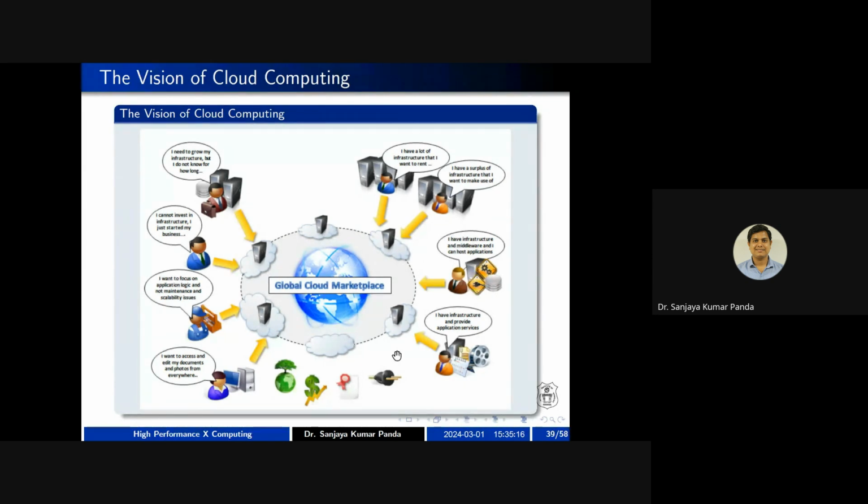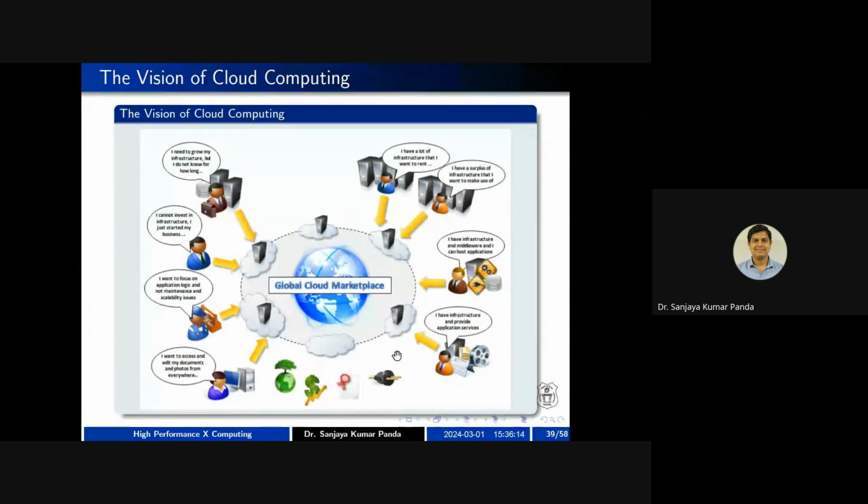So this customer says that I need infrastructure, but I don't know the duration. If you are sure about the objective, you can purchase your infrastructure. But if you see the provider end, one provider is saying, I have a lot of infrastructure and I want to provide it. Somebody is having a surplus, somebody is requesting resources. So they will meet in the cloud market. Similarly, this customer is saying, I cannot invest in infrastructure.